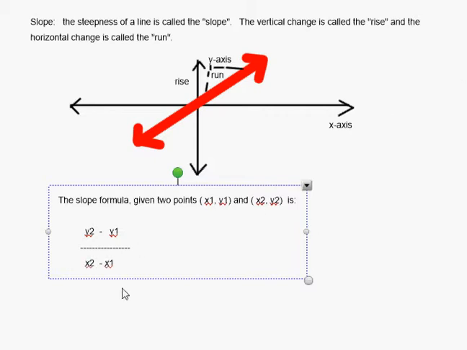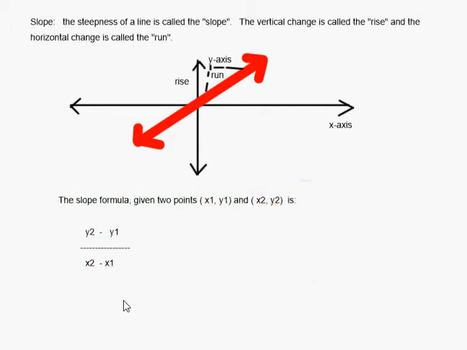Notice that the first number in the numerator and the first number in the denominator both come from the same point. The last number in the numerator and the last number in the denominator both come from the same point.